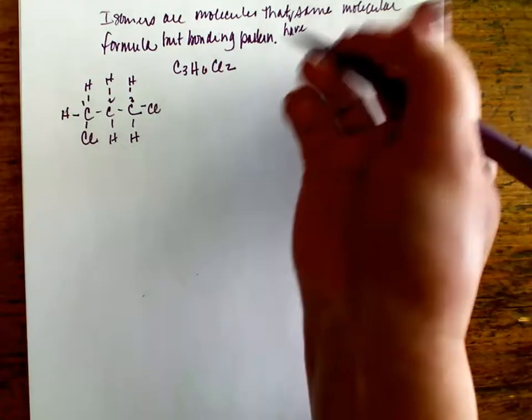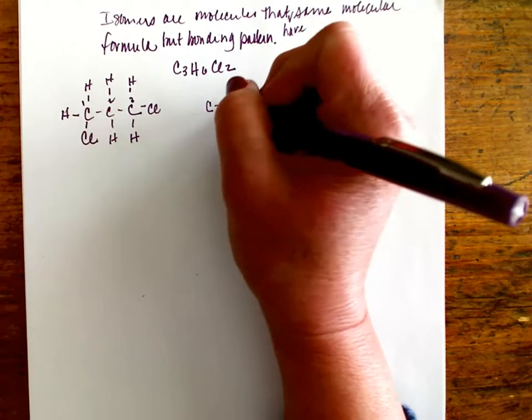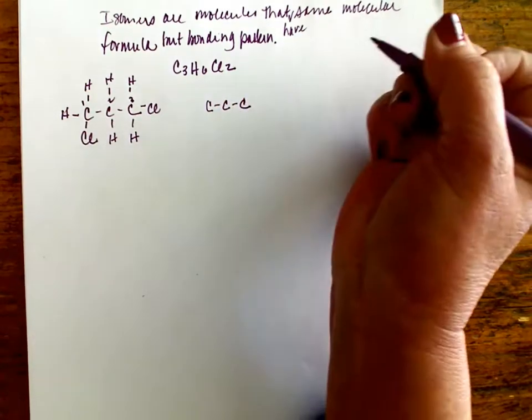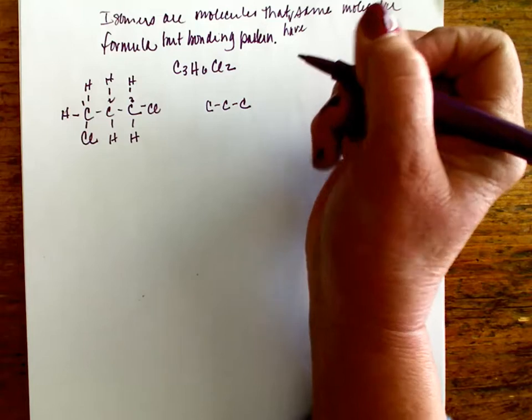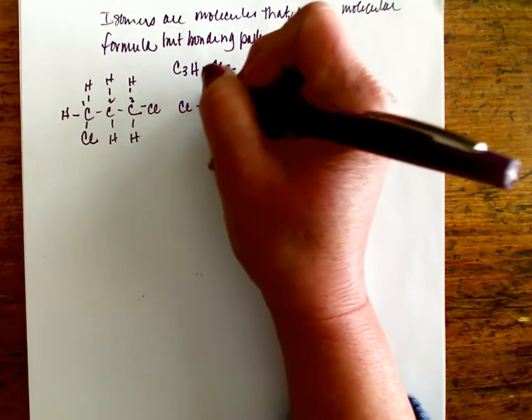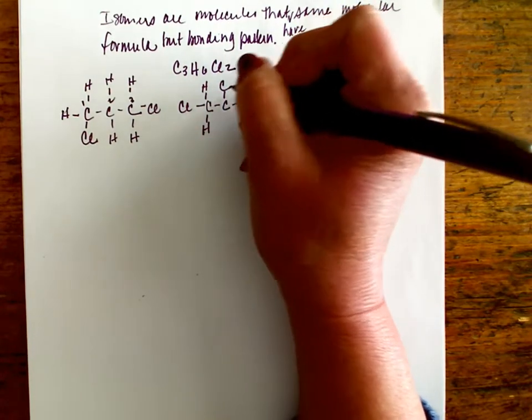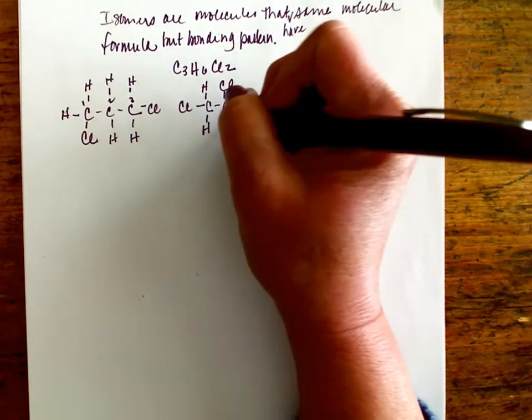So I know that's different. So how can I change this? In order to change it, I have to move one of those chlorines somewhere. So I'm going to leave this one on the first carbon and move this one to the middle carbon.